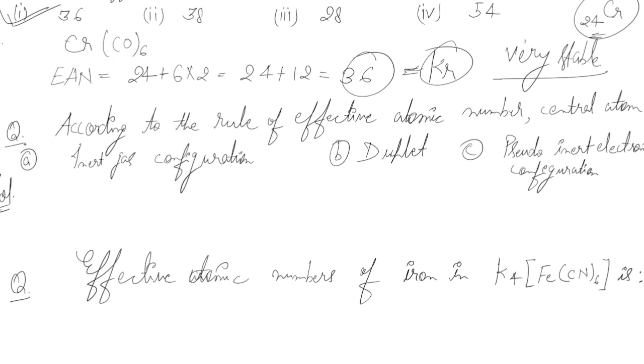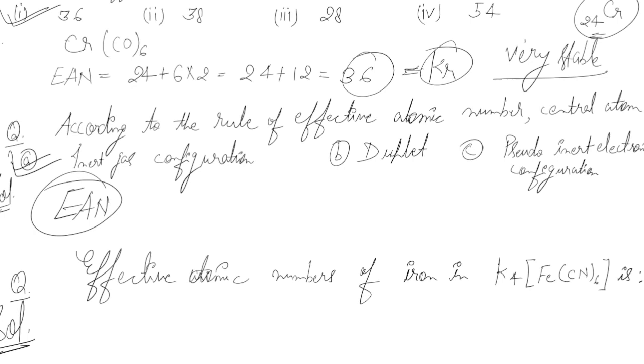So we studied here that with the EAN, effective atomic number, we compare the complexes with the inert gas configuration. If EAN is equivalent to the inert gas configuration, then it is very stable. Now let's see the final question.